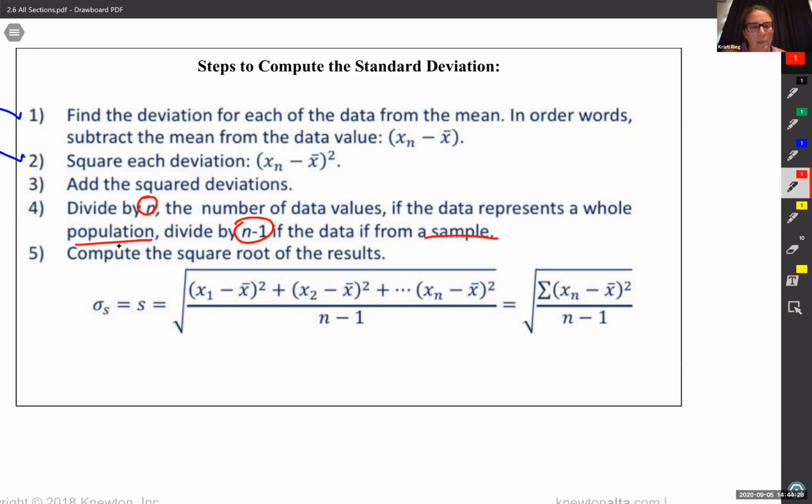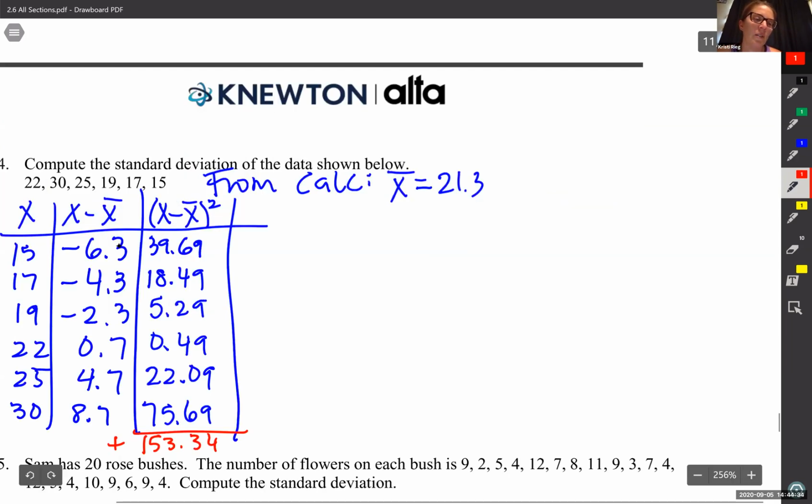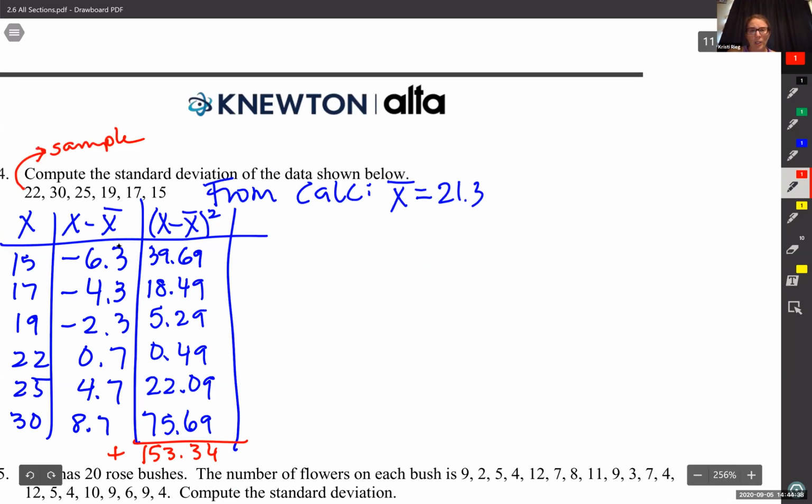This first example is not super clear, but I'm telling you because I wrote it and just forgot to write this word. It is a sample. On the homework, it'll either say it or you'll be able to figure it out. And in example 5, I'll show you how you can figure it out. Okay, so since it's a sample, we're dividing by n minus 1.